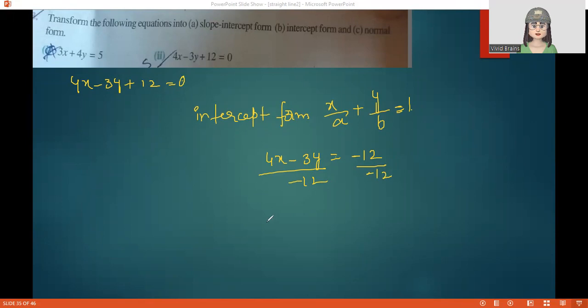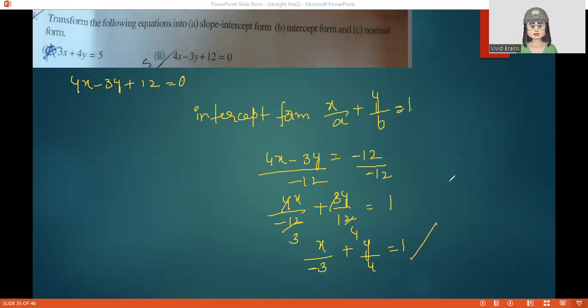So 4x by minus 12 plus 3y by 12 is equal to 1. Can I write this as x by minus 3 plus y by 4 is equal to 1? So this is our intercept form.